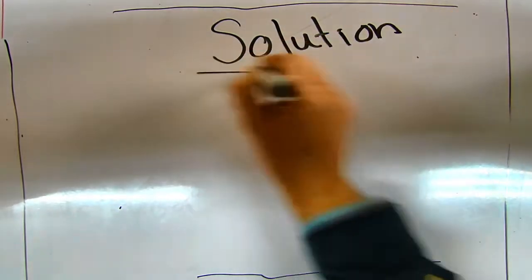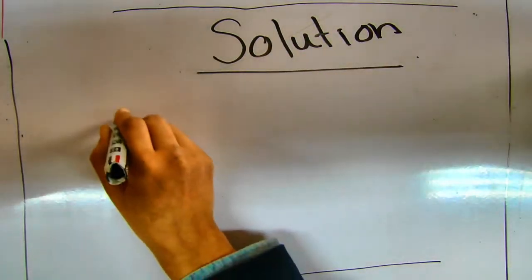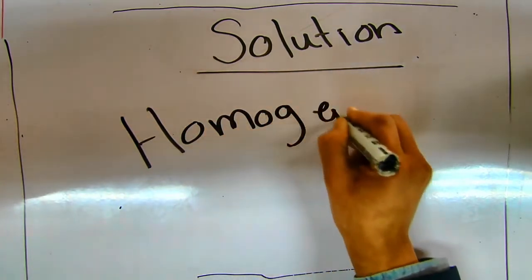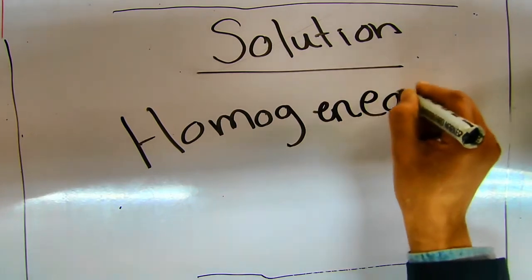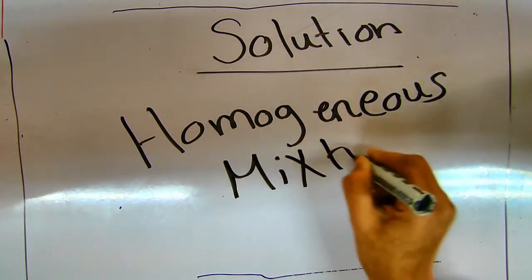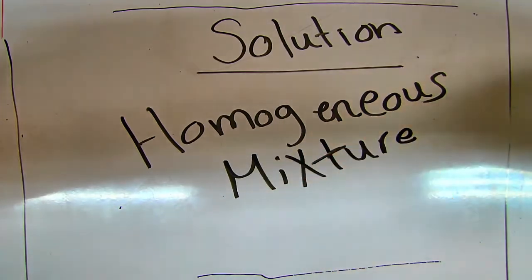Okay, solution is a homogeneous mixture. What's meant by homogeneous mixture? Homogeneous mixture meaning they can dissolve in water or are soluble in water.